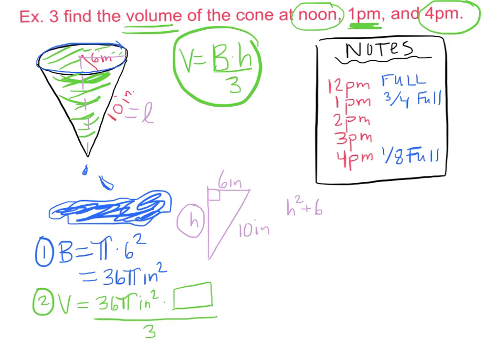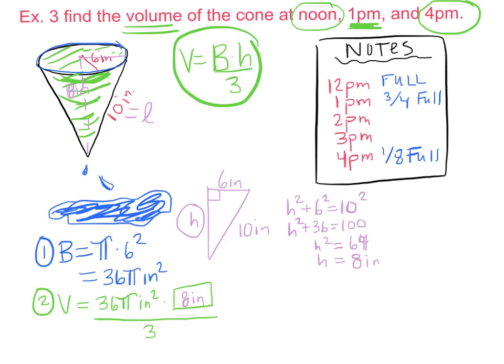H squared plus 6 squared equals 10 squared. That's 36 and 100 for my squared values. H squared is 64. H is 8 inches.